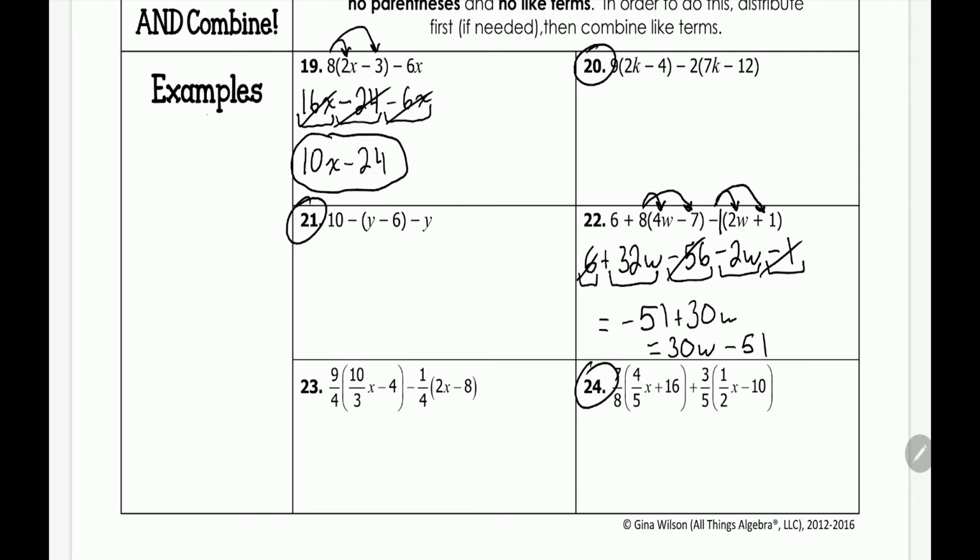Alright, moving on to number 23. This one involves fractions again. I know, fun time. So what we're going to do is we have to distribute this 9/4. So, distribute it. So we have 9 over 4 multiplied by 10 over 3x minus 9 over 4 times 4.